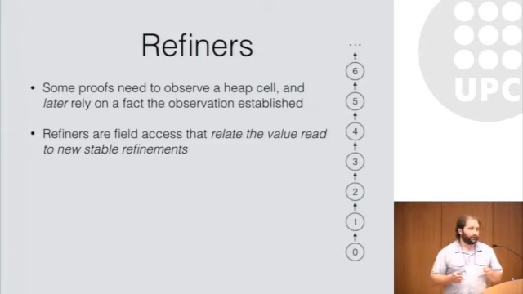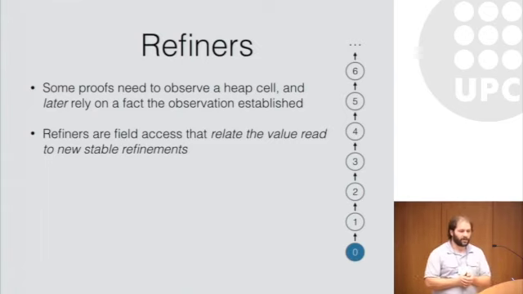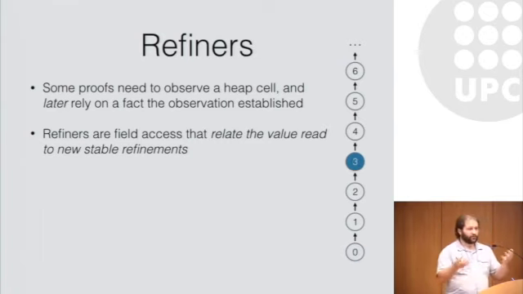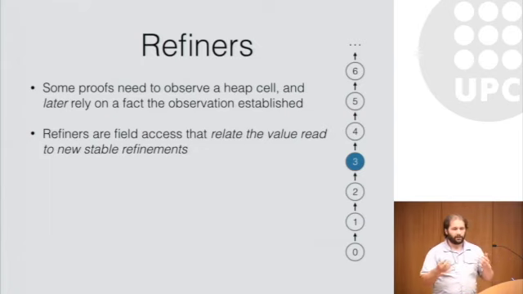For example, if you think about a monotonically increasing counter, you might start out knowing that the lower bound is 0, the most general lower bound you can have. But if sometime later you compare the value in the heap to 3, maybe that's an important threshold for your program, you'd like to be able to strengthen that refinement and capture that knowledge back in the type of the reference.